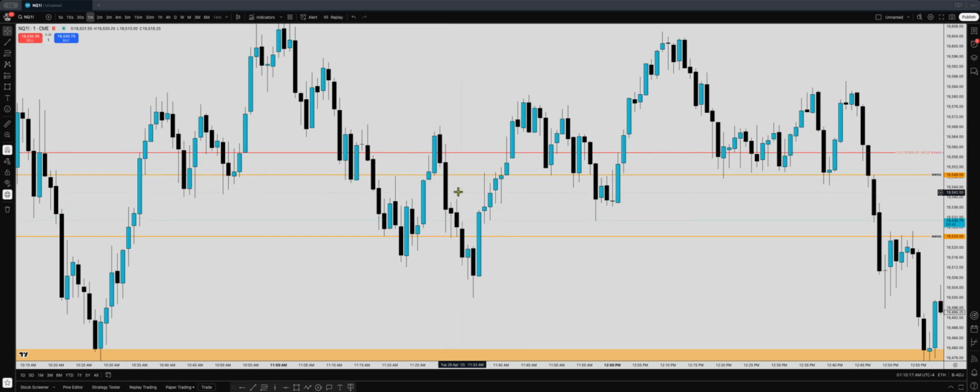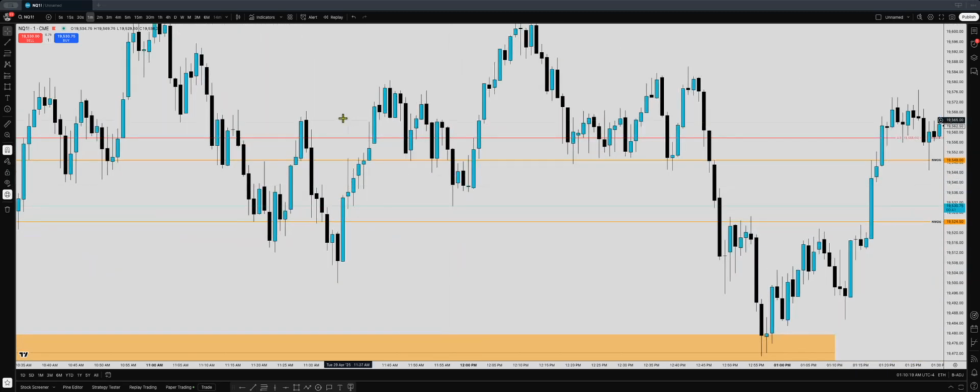And that's okay. Once it violates it, this turns into an inverse, right? So we closed above. I initially went short, and now I would use that same fair value gap to go long.